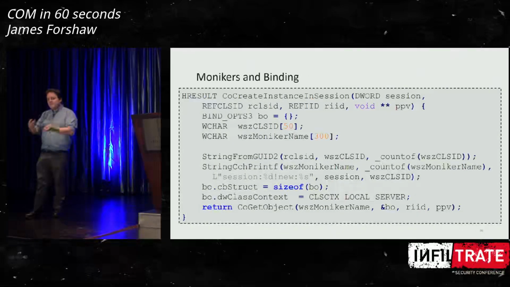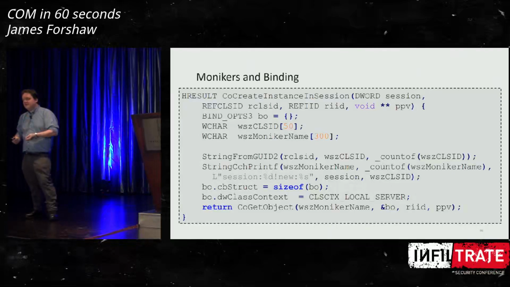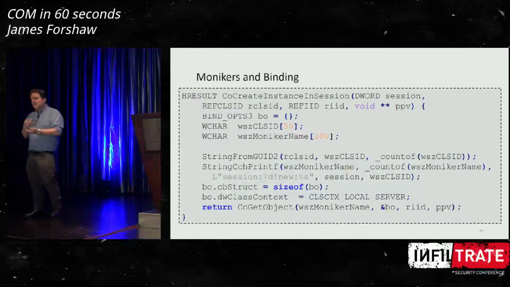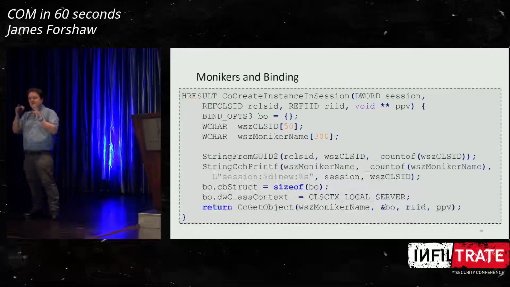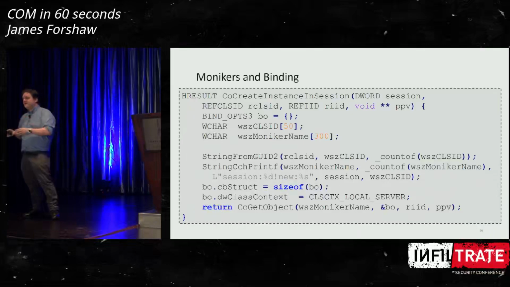In order to use these, you need to bind to them, and there's a function, CoGetObject, which does the binding. All you do is pass a string. In this case, it says session, colon, some number, that's the session ID you want to instantiate in, then exclamation point, new, and then the class ID you want to instantiate. So the ultimate result of this is creating a COM object in a different session.